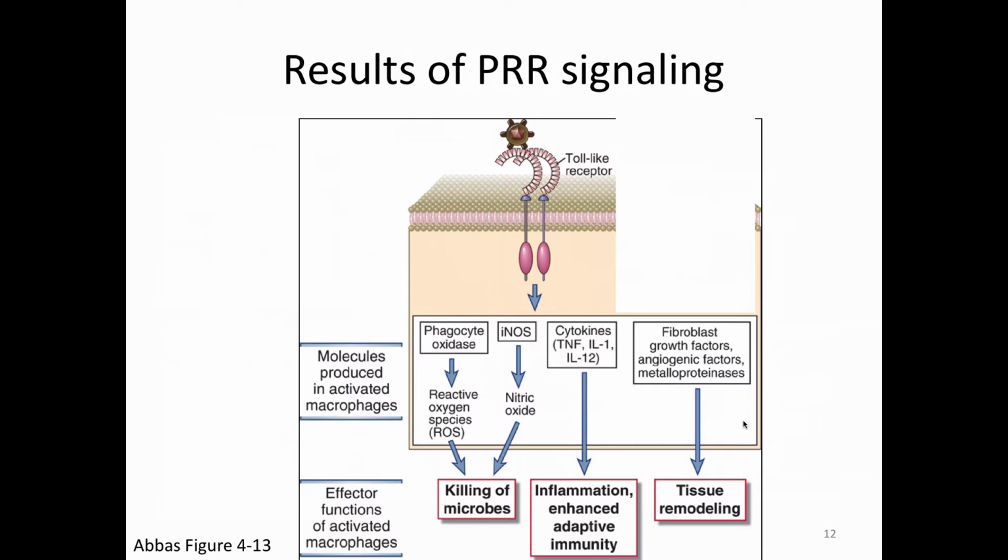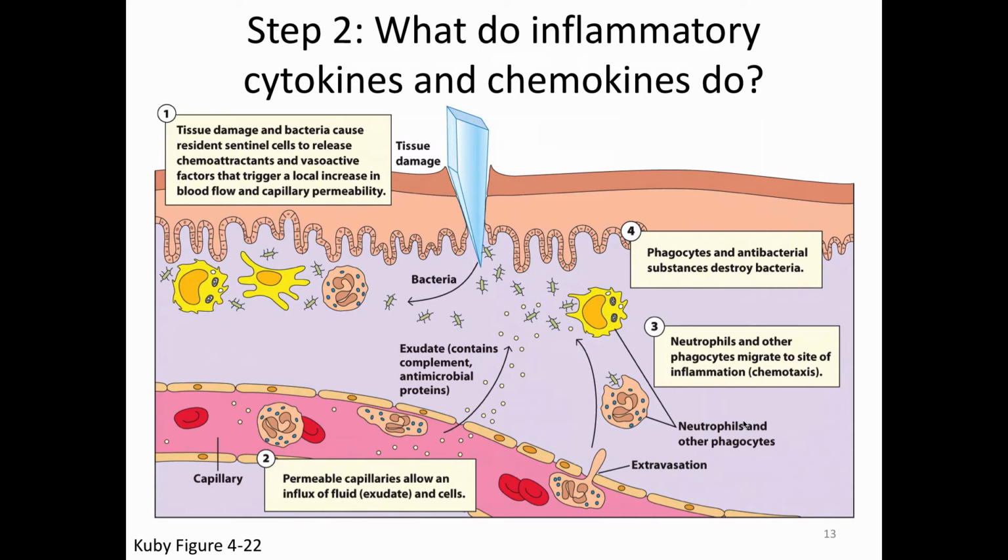So at this point, our macrophage, our resident sentinel cell, has now recognized the bacteria and made some changes in transcription and can now actually elaborate products or make products that can start to help us get rid of these microbes. And so you can see now we are ready to release chemoattractants and vasoactive factors.